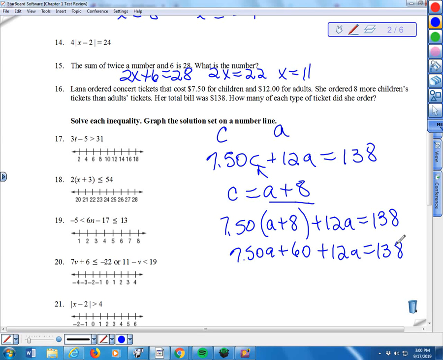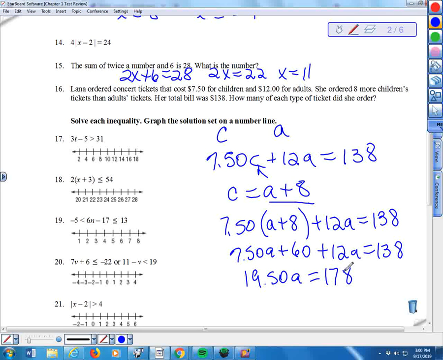Okay. So combine my A's, and I have, what, 19.50A. And then if I subtract 60 over there, what is that? 138 minus 60? 78.